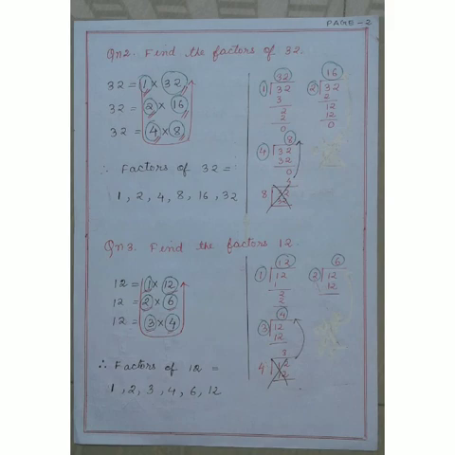Question number 3. Find the factors of 12. First, you divide 12 by 1, you get 12. Then, you divide 12 by 2, you get 6. If you divide 12 by 3, you get 4.